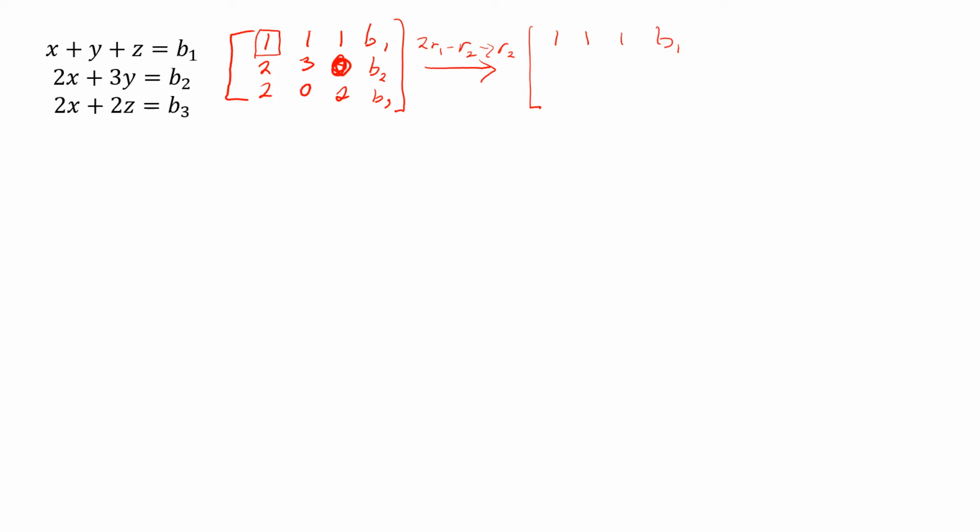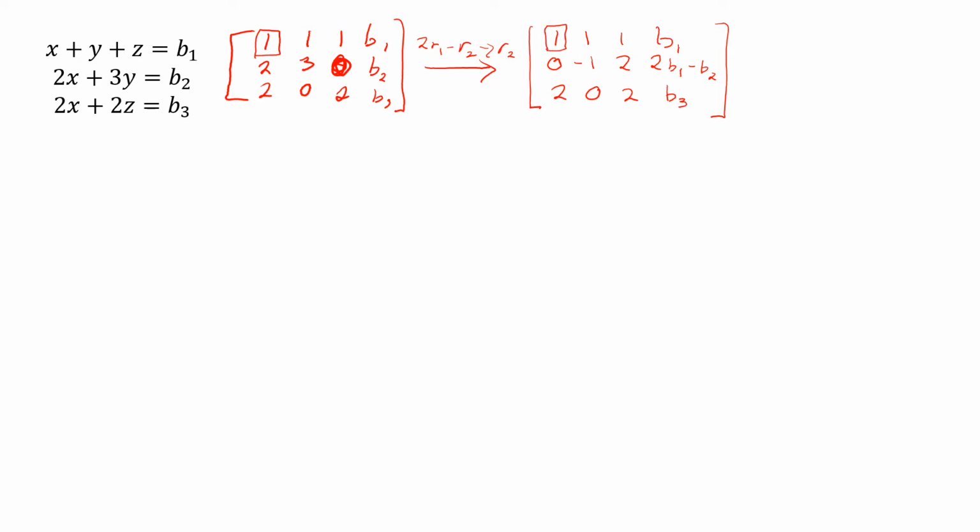And now for the second one, we end up with 0, -1, 2, and for the final column, 2b1 minus b2. Then we have 2, 0, 2, and b3. So there's our first operation.